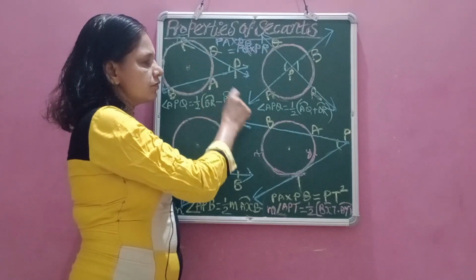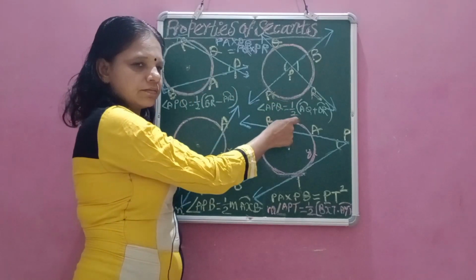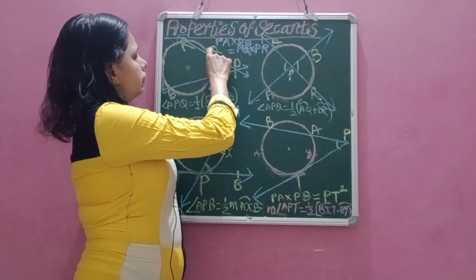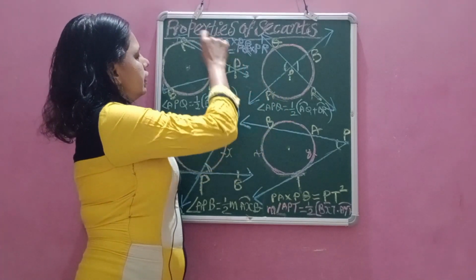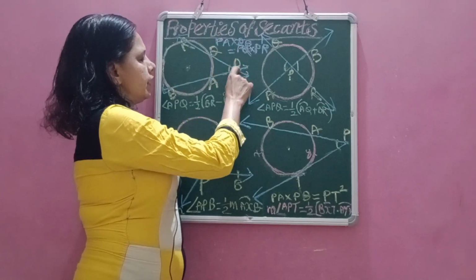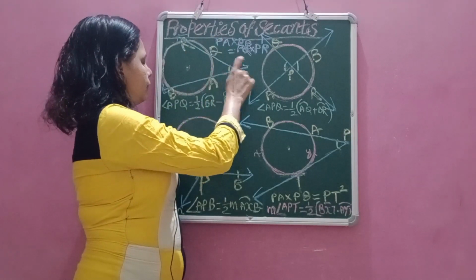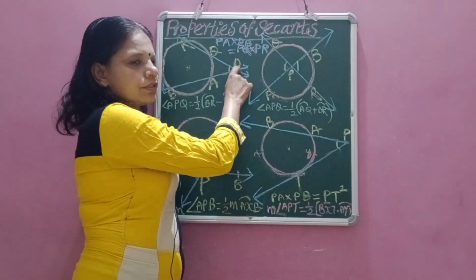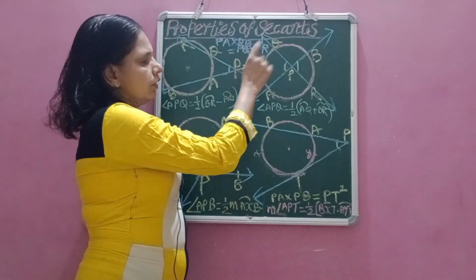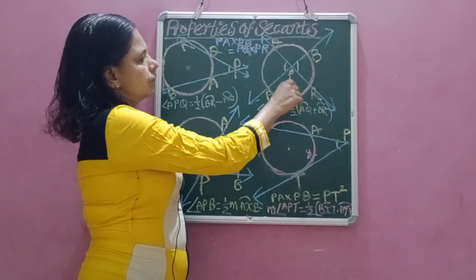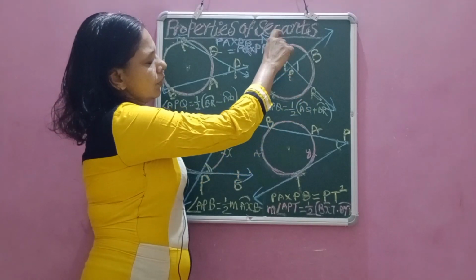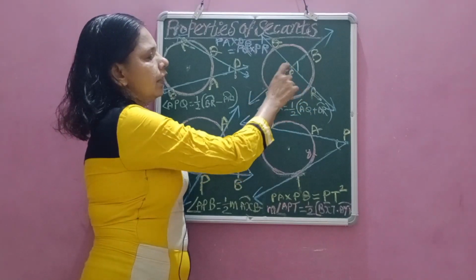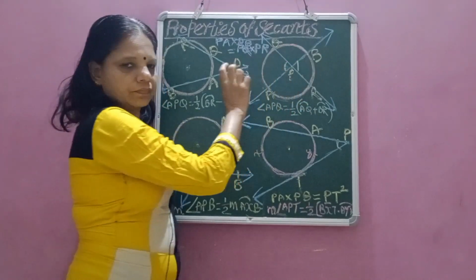The relation is that in both the cases, PQ into PR equal to PA into PB. Start from the point of intersection only. Here also same, PQ into PR equal to PA into PB.